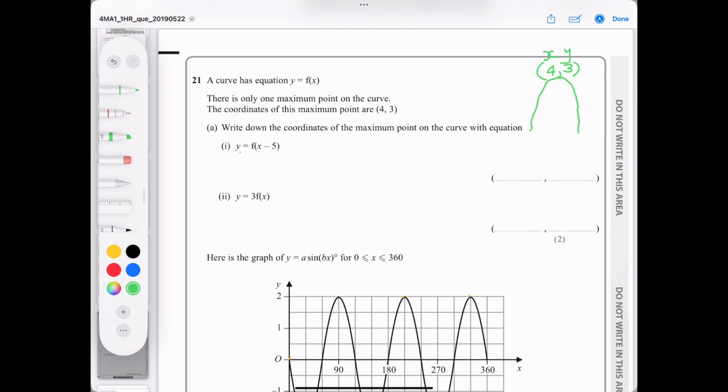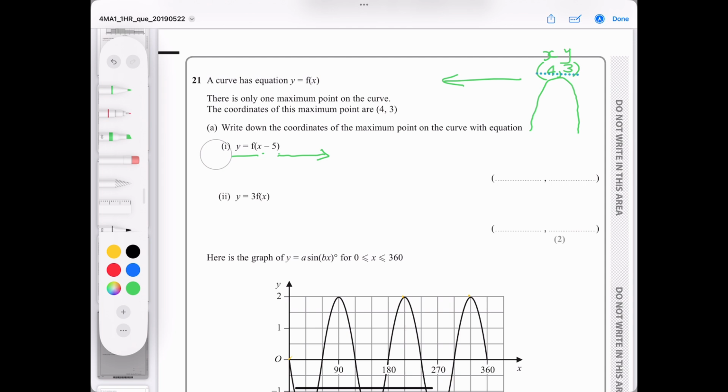And here we say y equals f(x minus 5), in brackets. Now anything that's within the bracket influences the x. So if it's in the bracket, it's either going that way or it's going that way. And when you look at it, you think minus on the x would go that way, wouldn't it? Well, weirdly, it doesn't.